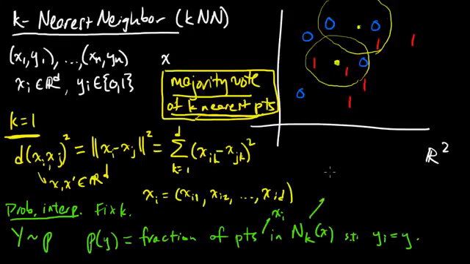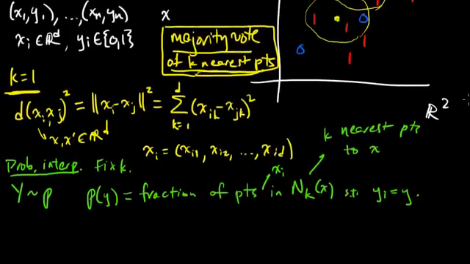So here N_k(x) is the k nearest points to x. So we're working with a particular x. So this depends clearly on this data and on x. So to make that dependence explicit, sometimes people write, even though it's not really a conditional probability, and often in machine learning this is a very standard thing that people do, to write it as though it were a conditional probability.